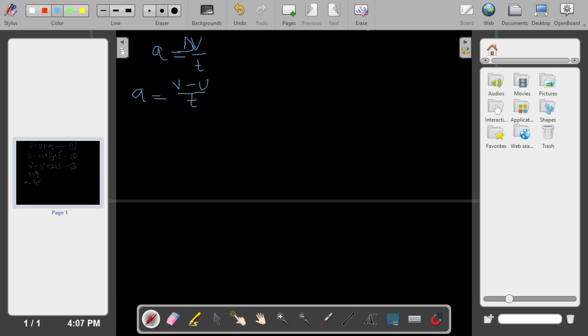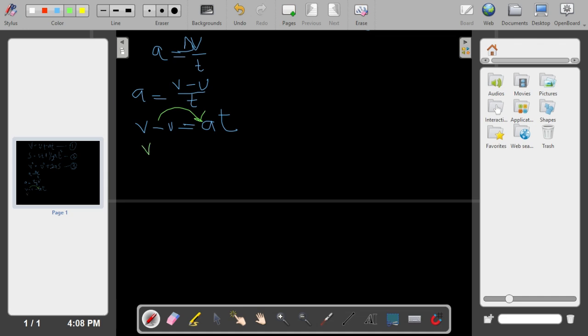So if this is obtained, what do we do? We cross multiply. Once we cross multiply, this will be v minus u equals at. Then the next thing I'll do is, how do I take u to the right hand side? I'll switch this minus u, coming down to this place, and of course it will be plus u.